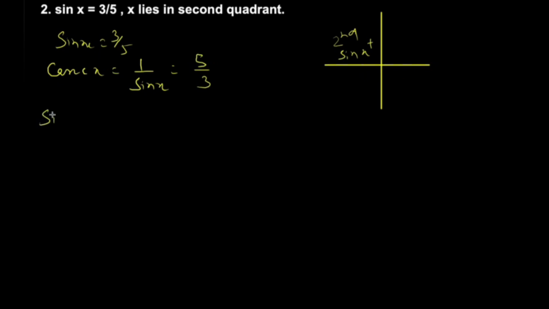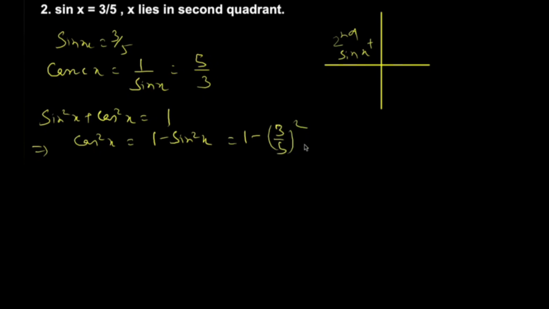Since we know sin square x plus cos square x equals 1, this implies cos square x equals 1 minus sin square x, which implies 1 minus 3 by 5 whole square, which is nothing but 1 minus 9 by 25, which is 25 minus 9 upon 25. Alright, so cos square x is 16 upon 25.